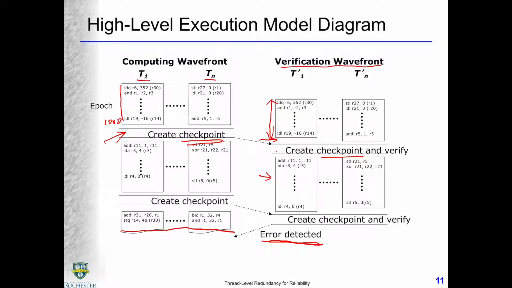Of course the state includes a lot of other things, your PC for every thread, and we will see later also the memory state. We're only talking about register comparison here. So what about memory? That will come up in a little bit. But in general, we have some state. We compare the two states.